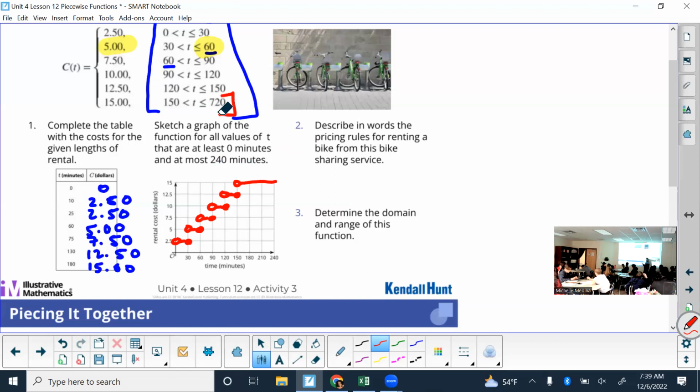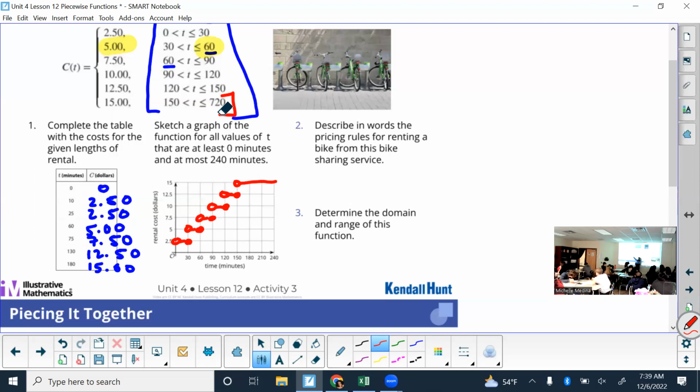Yeah. Because where does it stop being $15? Wow. No. 231. At 720. So does our graph go all the way to an input of 720?